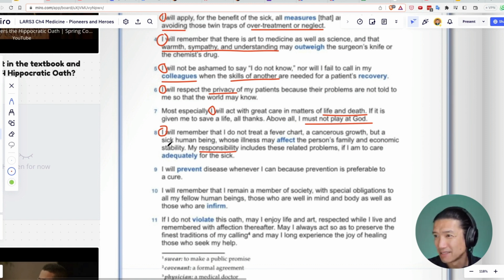Something about not just the illness, the person's family, economic stability. I don't like to always think about economy, but we have to work and make money and survive.